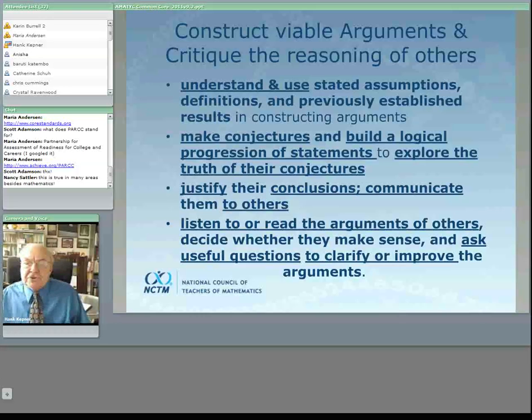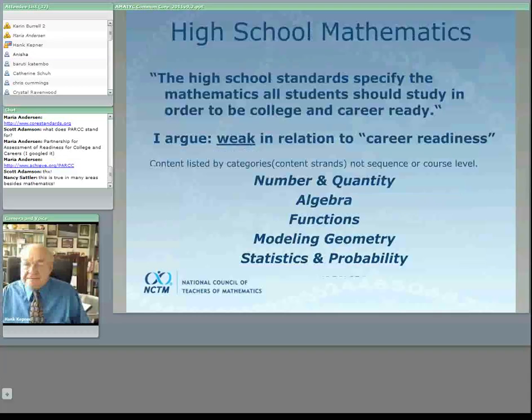The major strands of mathematics looked at in the high school are listed here. You'd expect them in some ways. There are some surprises in there, at least in the way they're interpreted, that I want to go into. One thing of value is, whereas we often talk about number as a key basis, the Core talks about number and quantity, the idea that there are units attached.